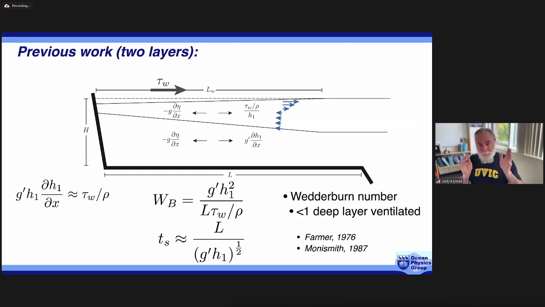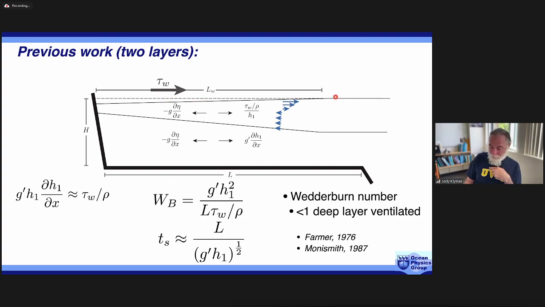Okay, and people, of course, have thought about these sorts of problems, particularly with respect to lakes, though some of this work has been applied to fjords, particularly by David Farmer, who did a really nice study back in the 70s on this. And the idea behind what's called the Wedderburn number is that you've got a wind stress blowing that pushes water offshore.